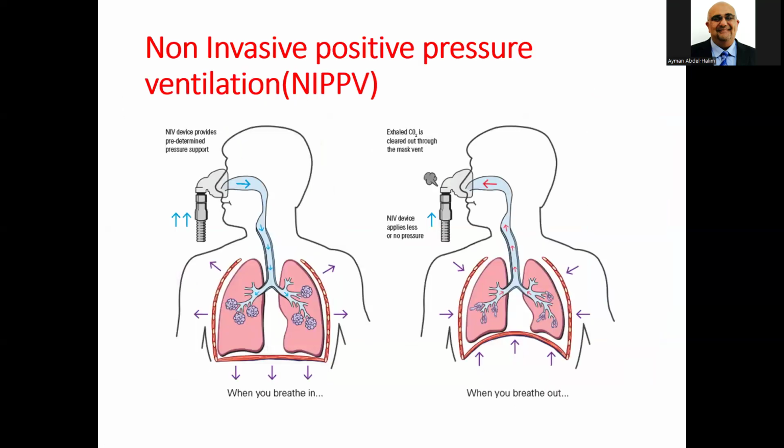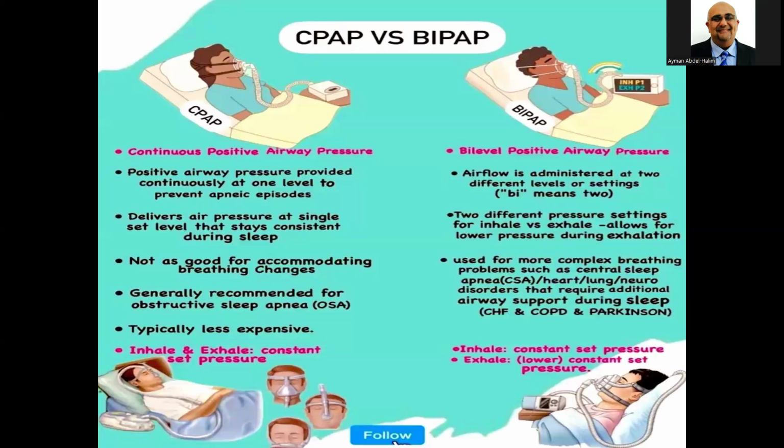Non-invasive positive pressure ventilation is also important. I mean the CPAP and the BiPAP. The CPAP is more helpful especially in respiratory failure type 1 that's accompanied with hypoxemia, while the BiPAP is for patients that retain CO2.